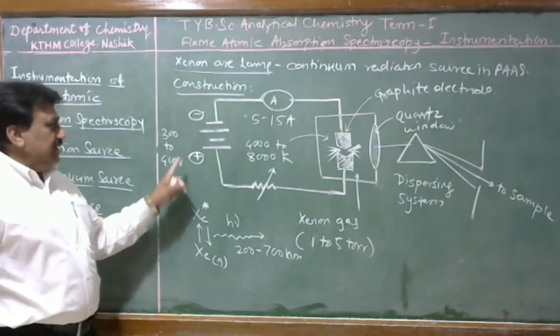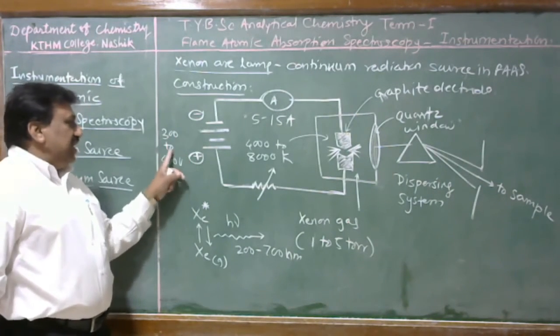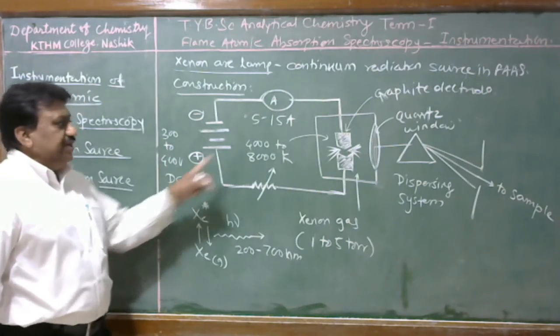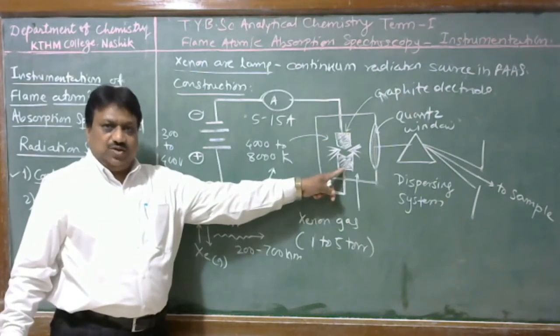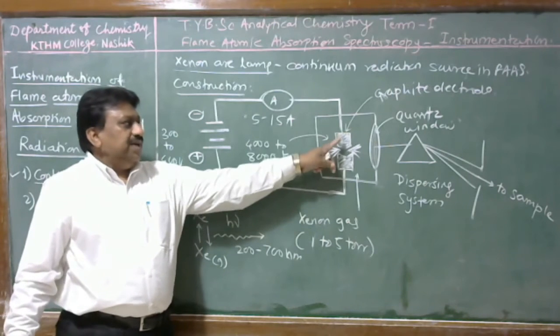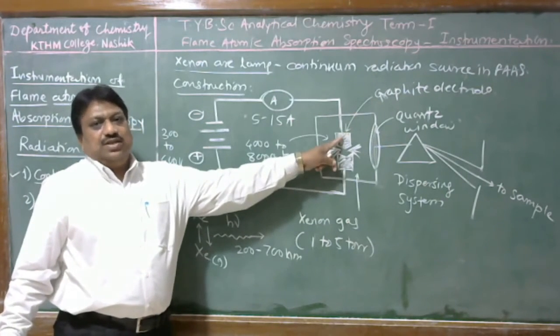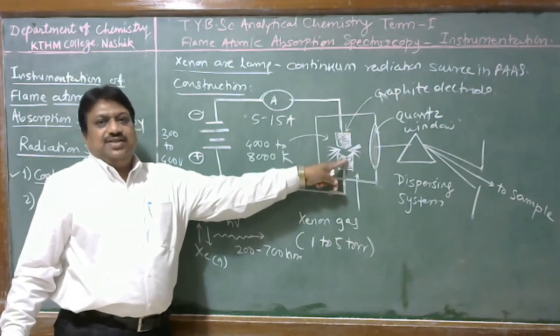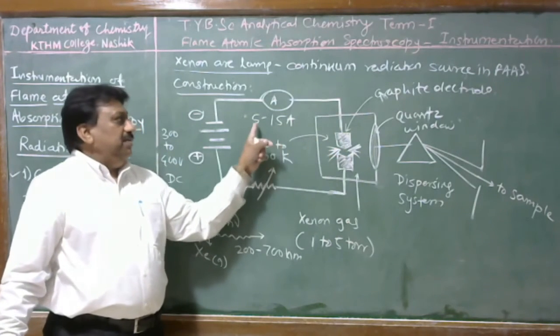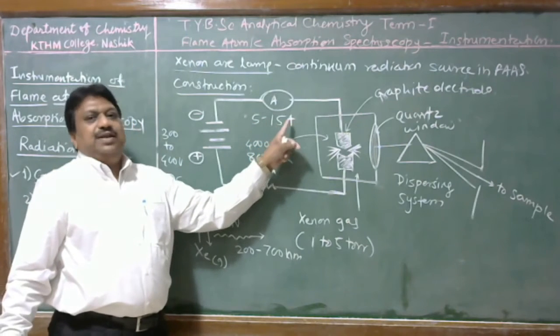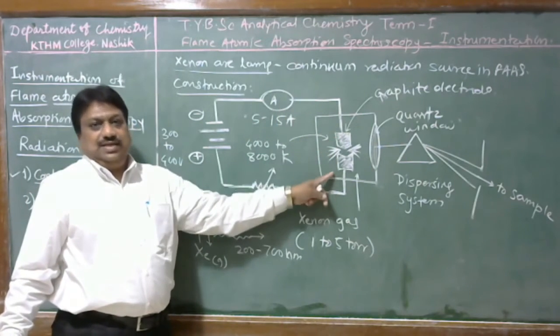I repeat again. With application of 300 to 400 volt DC potential across these two graphite electrodes, the electrodes are momentarily brought in contact with each other so that an electric spark is generated and a current of 5 to 15 ampere flows through the circuit.